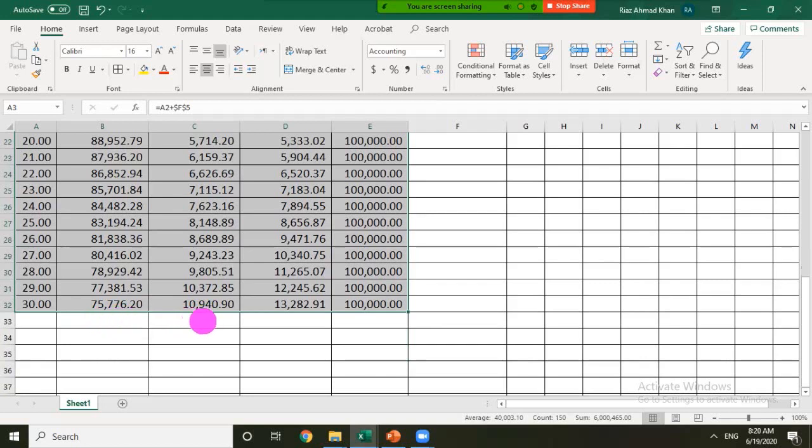The infected population is 10,940, and the removed population, which includes the people who have recovered from the disease or the people who have died, is 13,282. And as we know that the total population is fixed, so the total number is 100,000.